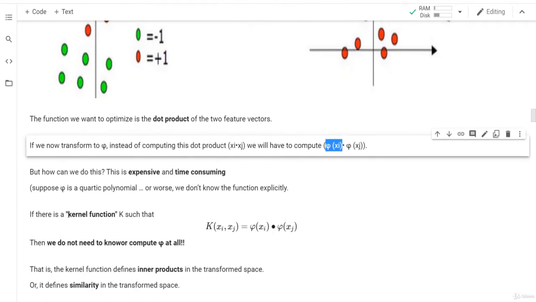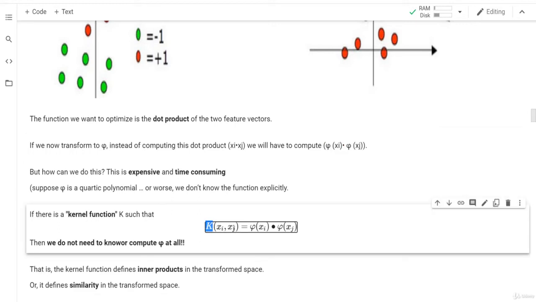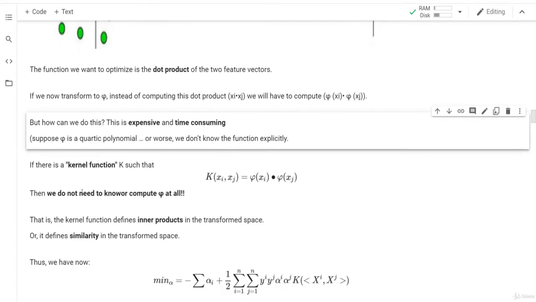Now, we have a kernel function. If we have a kernel function k of xi and xj, it's just, as we said here, phi of xi times phi of xj. We don't really need to know or compute phi at all.